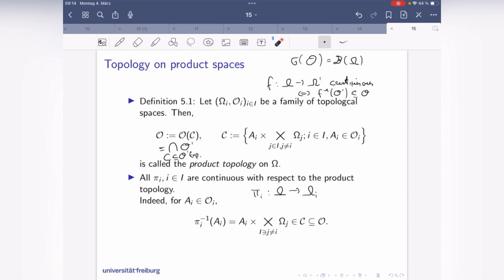And apparently, this here is of this form, which means this here is in C, and C is a subset of O, because O is always bigger than the set system it generates. So that's a very brief proof that projections are continuous.